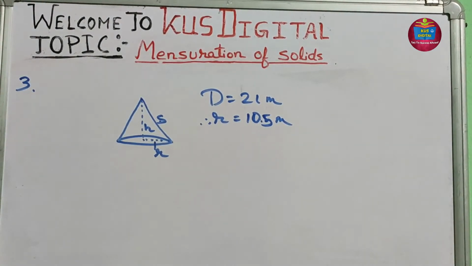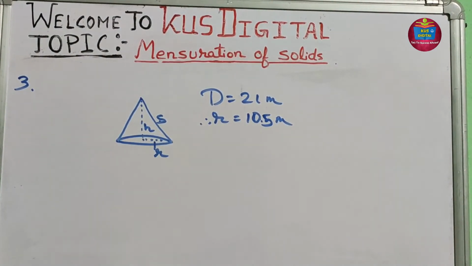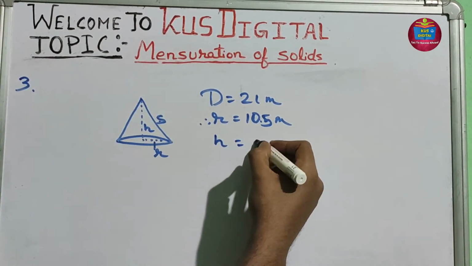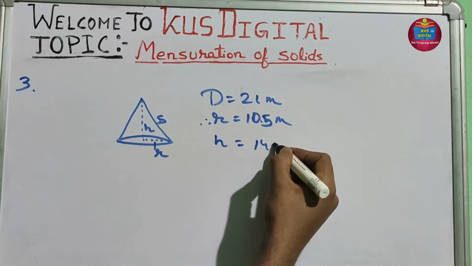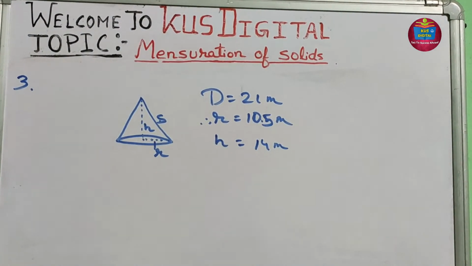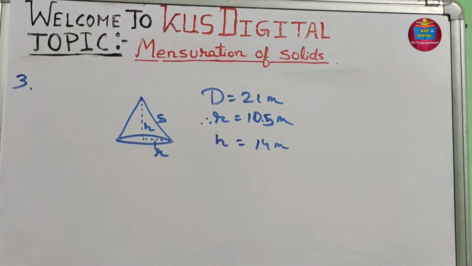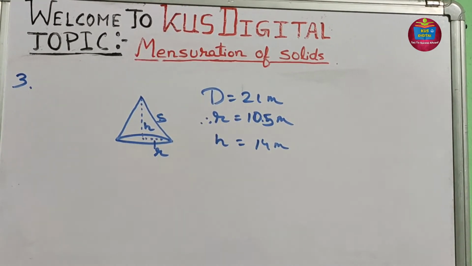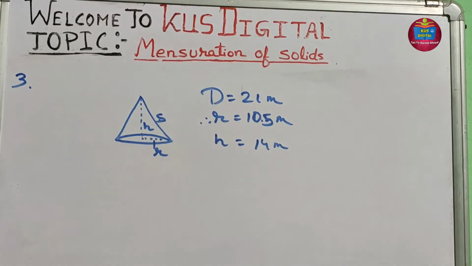Okay. Now height is already given, 14 meter. So the problem is basically about finding the cost of cloth required to wrap this cone if the cost per meter square of cloth is rupees 1.5.